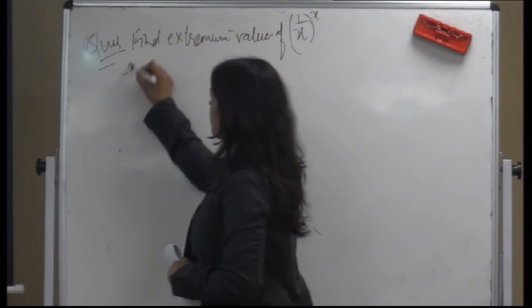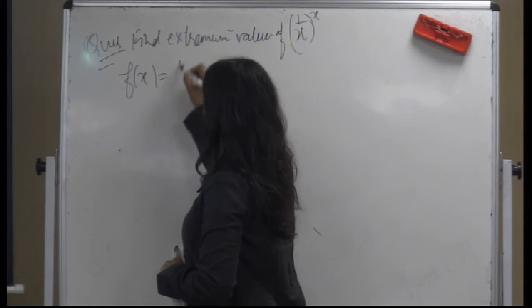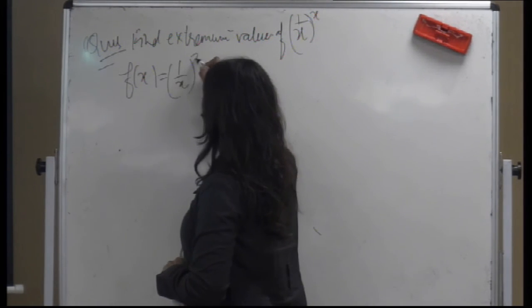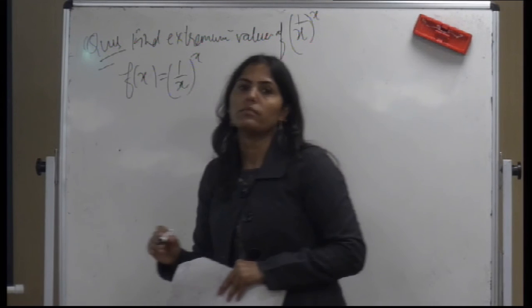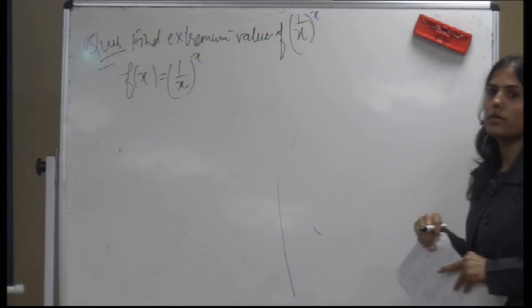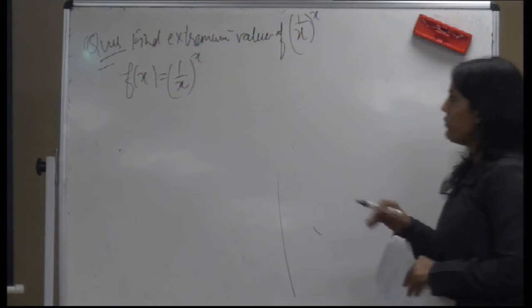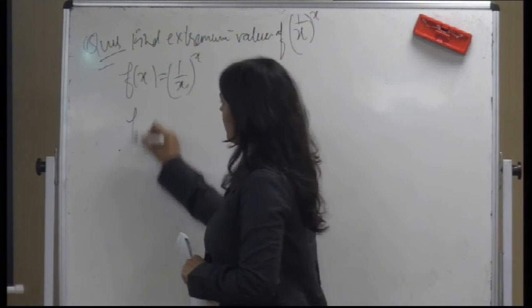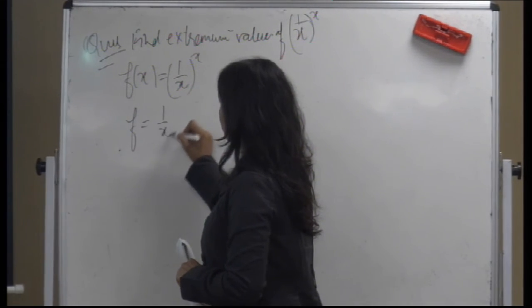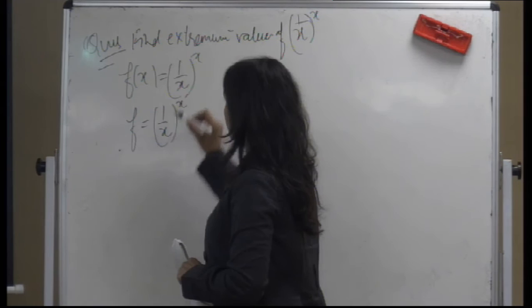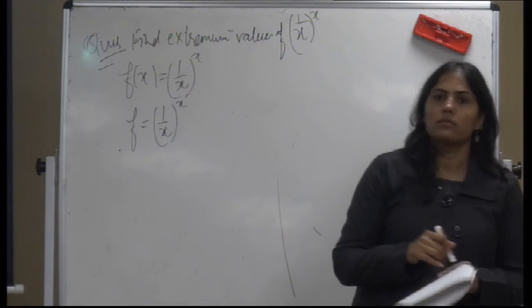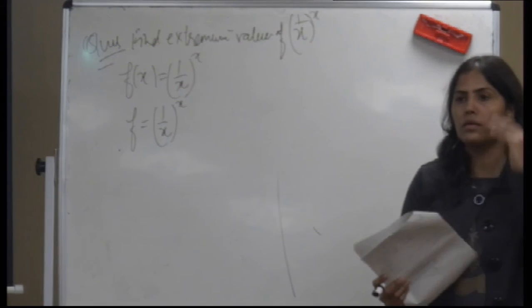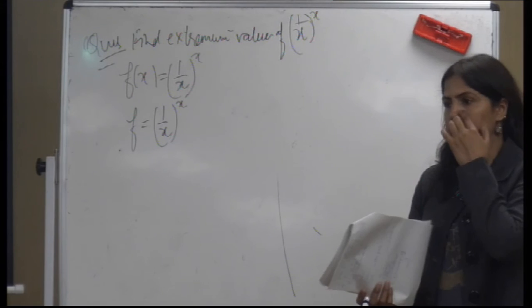So your f of x is 1 by x to the power x. And when I do, I'll just write it f only. I won't write it f of x, because it makes our writing pattern simpler. So do the derivative please.